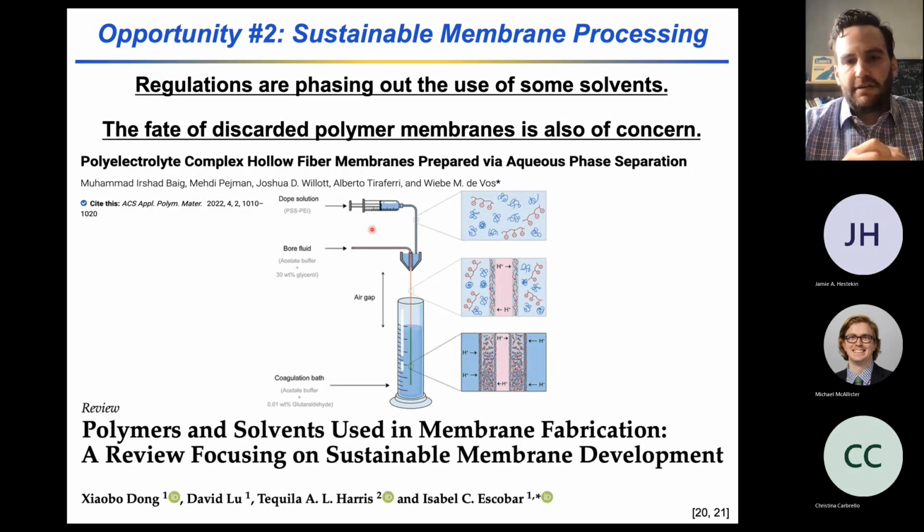Sustainability is always on the forefront of our minds now, and I think that that's true for membrane processing as well. I believe that the European Union is phasing out some of the solvents that are commonly used to make membranes through the phase separation process, and the fate of the polymer membranes that have expired, or what you do with these membranes after they've met their end of life, is also of concern.